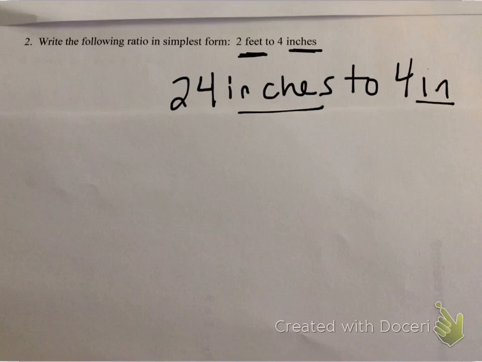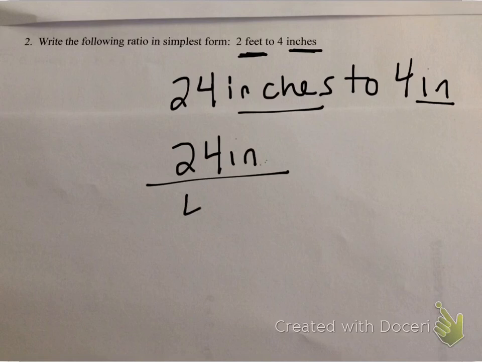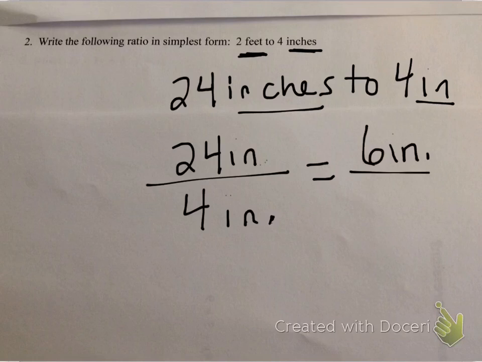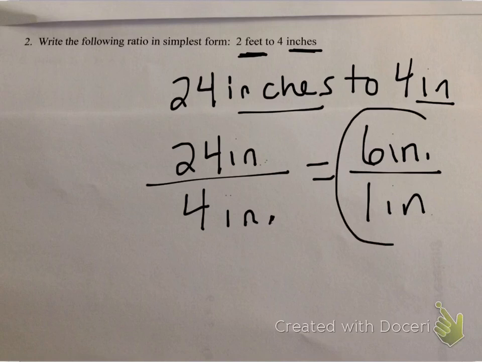I can now write that as a ratio. 24 inches to 4 inches, and that simplifies to 6 inches to 1 inch. And since it is written as a ratio, you need to leave that over 1. You cannot write it as 6 or 6 inches. You have to keep it as 6 over 1.